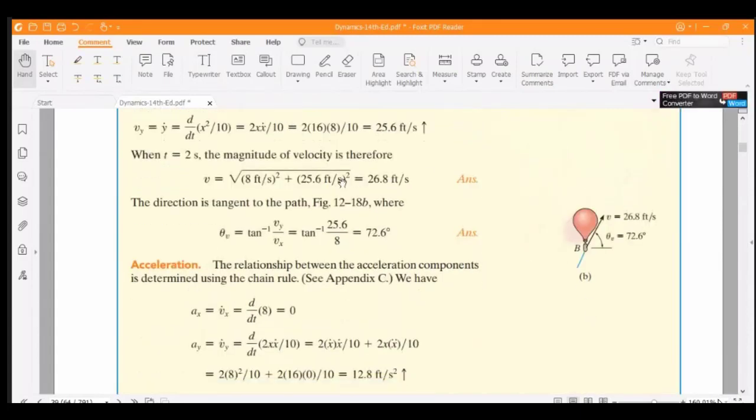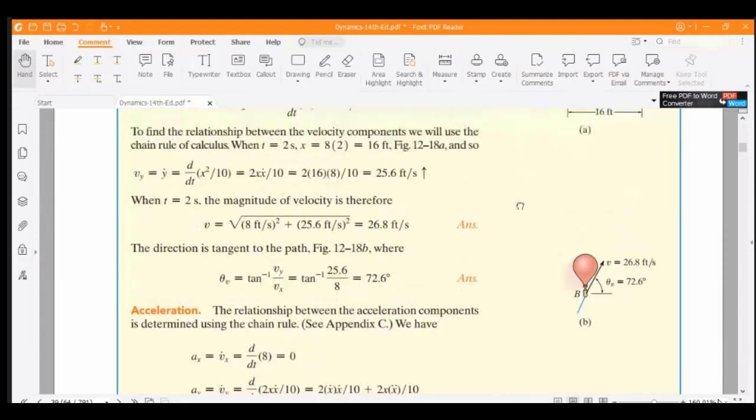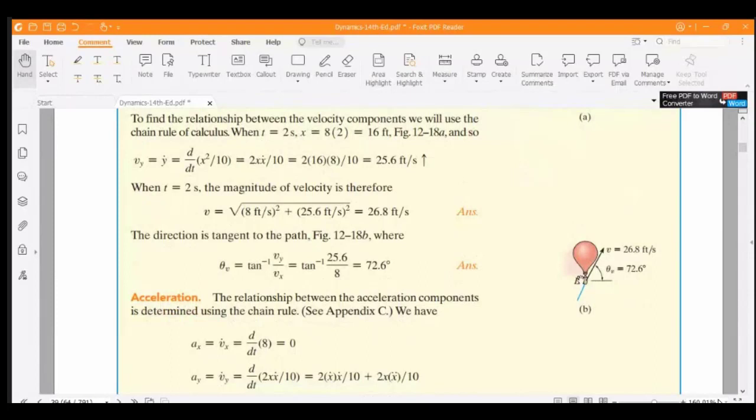Okay, so the direction now is the tangent of the path, isn't it? When you have the position or the point, with vx and vy, the tangent will actually be the direction of the velocity.